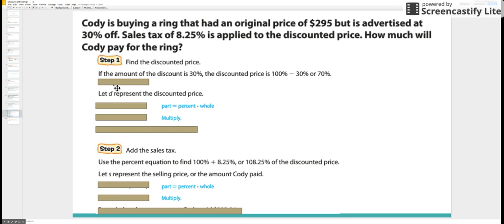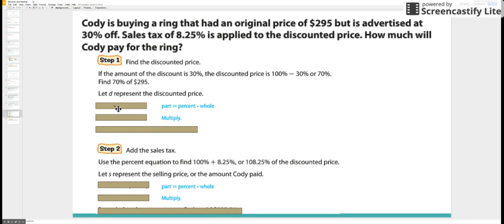So if the amount of discount is 30%, the discounted price would be 100% minus 30%, or 70%. Think about it like this. This represents 100%, okay? He is getting 30% off, so he is only paying 70%, okay? So let's figure out what is 70% of $295. Okay, find 70% of 295.